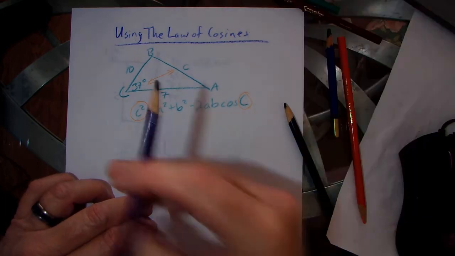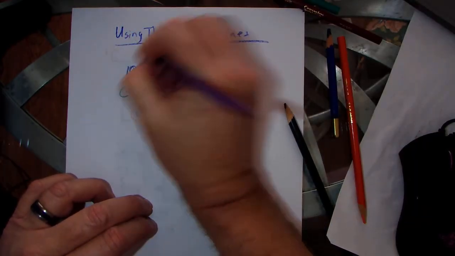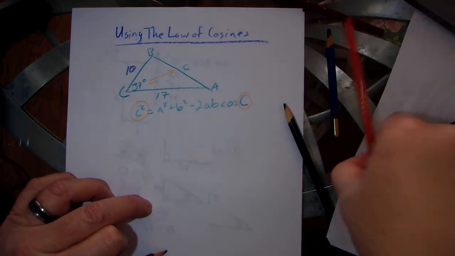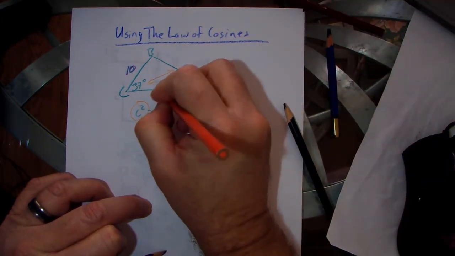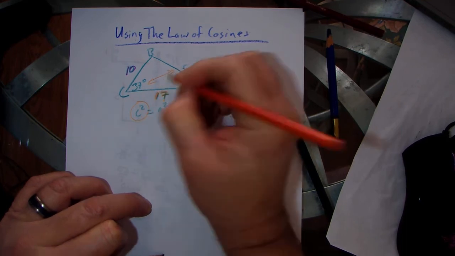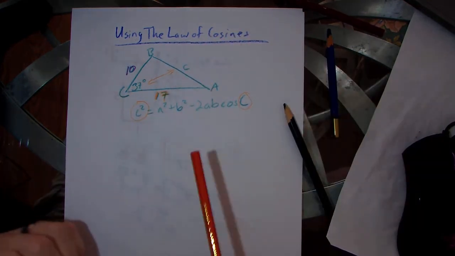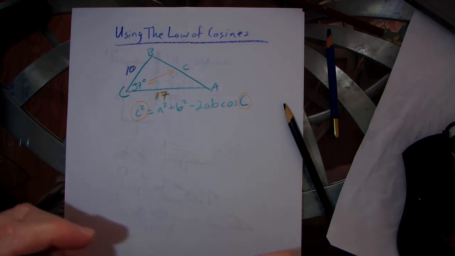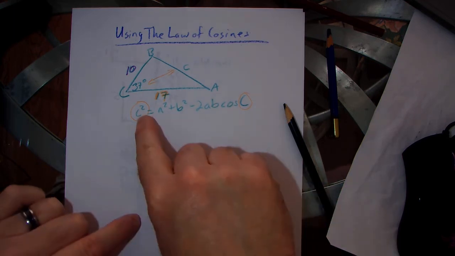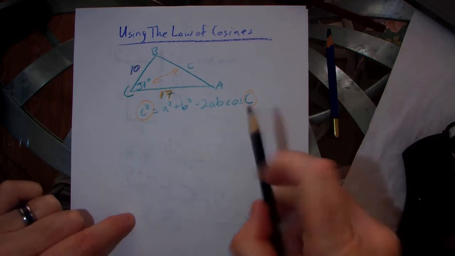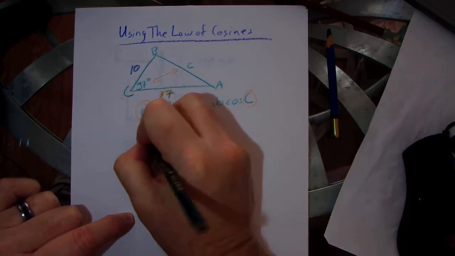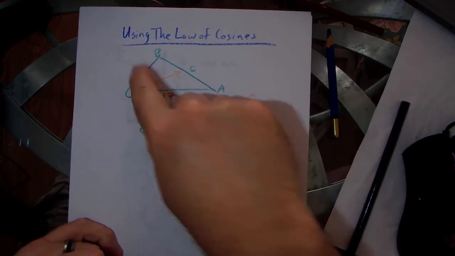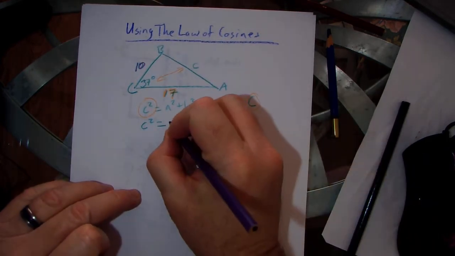So how we're going to start this off, I'm going to give it a little bit of color coding here. Let's do 17 in orange. So I'm going to just start plugging in the numbers that I have here for the law of cosines. Okay, so I know that C is unknown. That's the piece I'm trying to find. So I've got c squared equals side opposite angle A is my A squared.